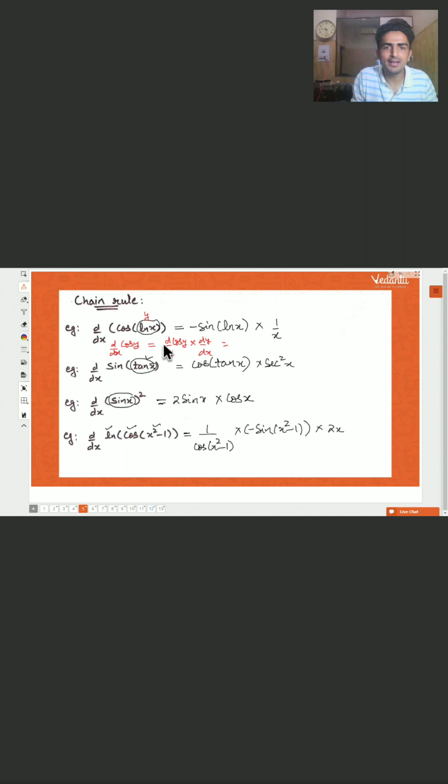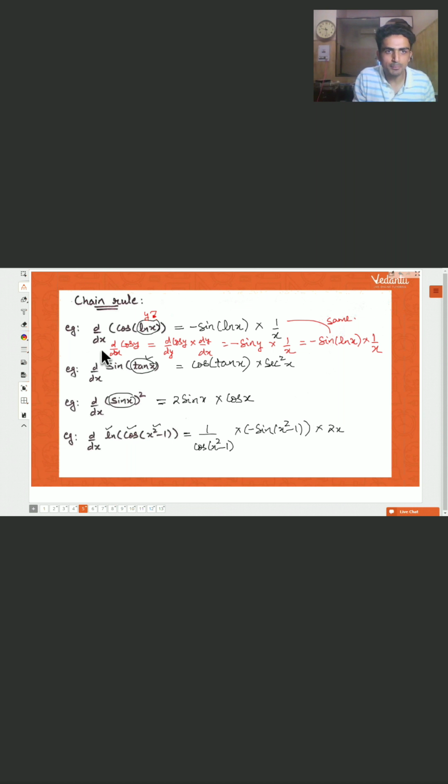Now what is the derivative of cos y with respect to y? Minus sine y, into what is the derivative of y with respect to x? Guys, this is y. It is 1 by x. So keeping the value of y, we get the answer same. So it is same actually.